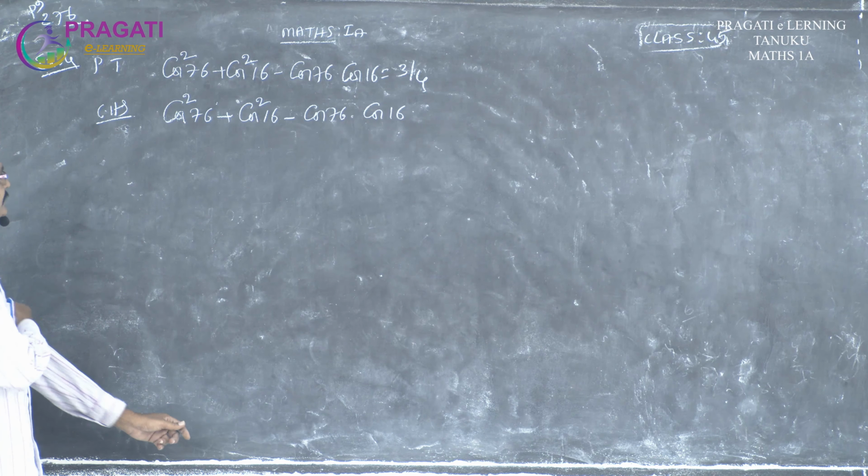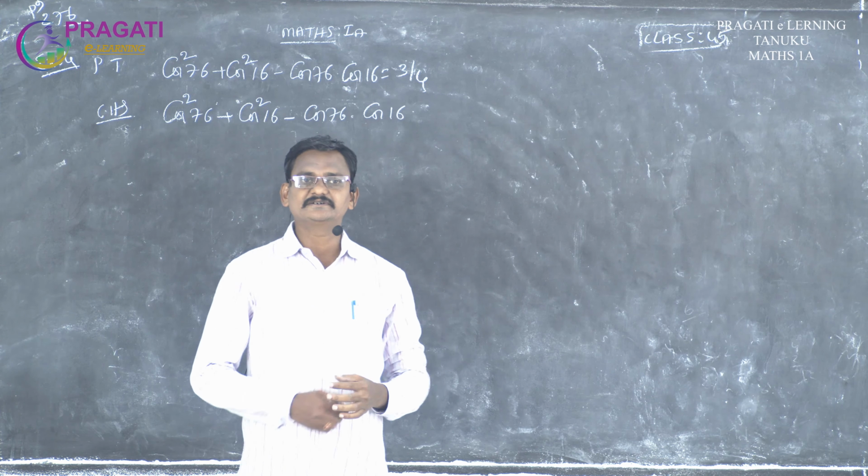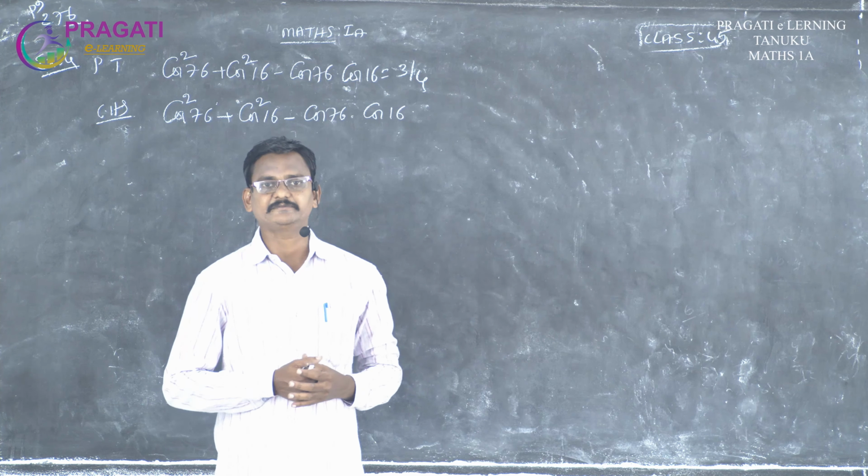Here, cos² 76 + cos² 16, actually at present no formula is applicable. When we have squares in compound angles, we studied two formulas: sin(a+b) · sin(a−b) = sin² a − sin² b, and the second formula is cos(a+b) · cos(a−b) = cos² a − sin² b.